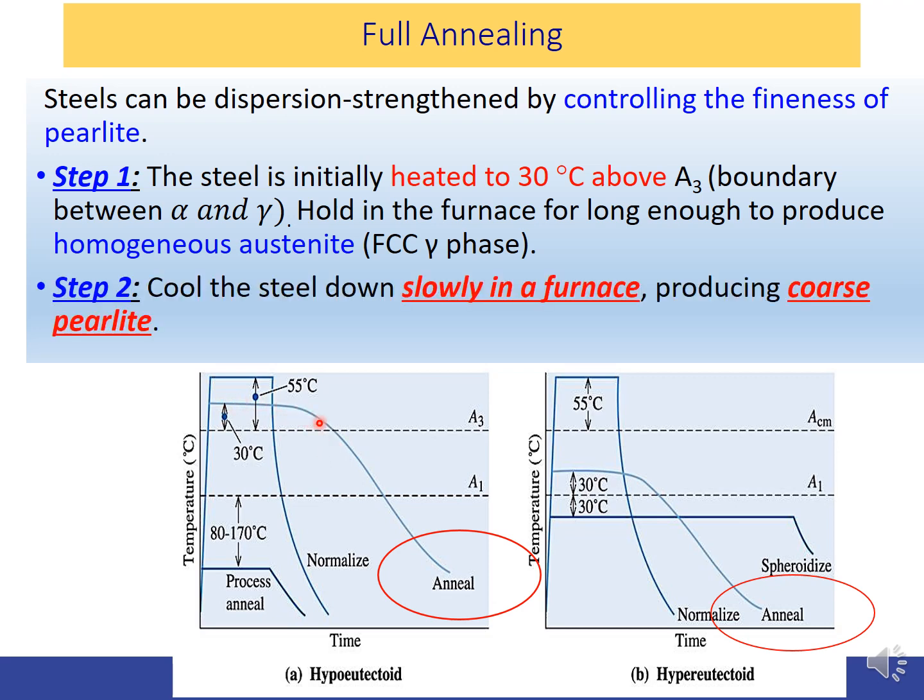Then cool the steel down slowly in the furnace, which will produce coarse pearlite, and the resultant mechanical property will be a ductile material.